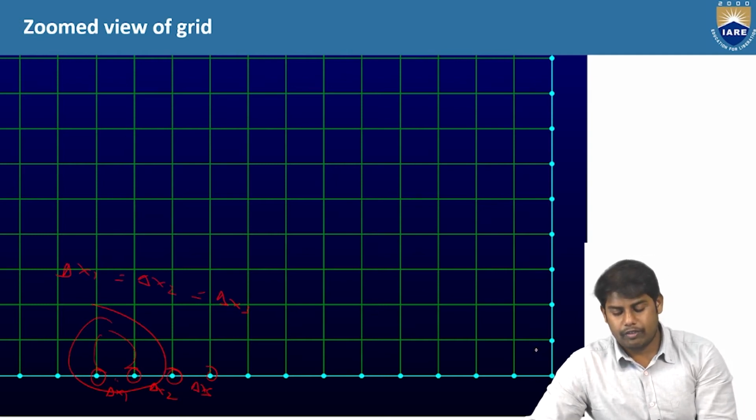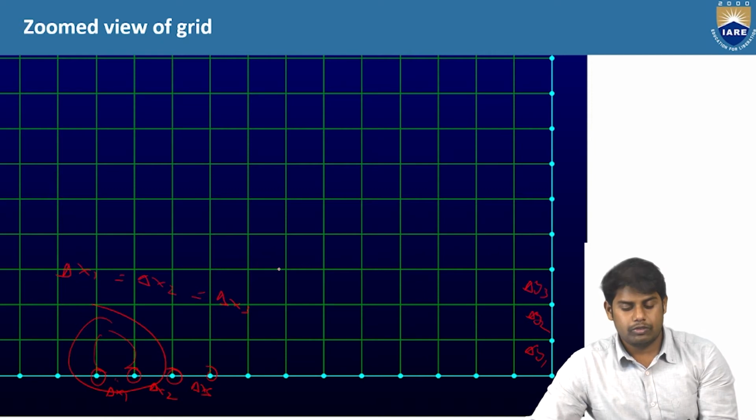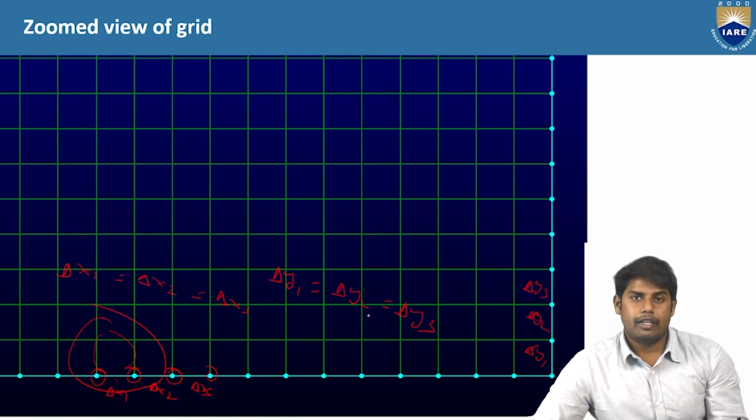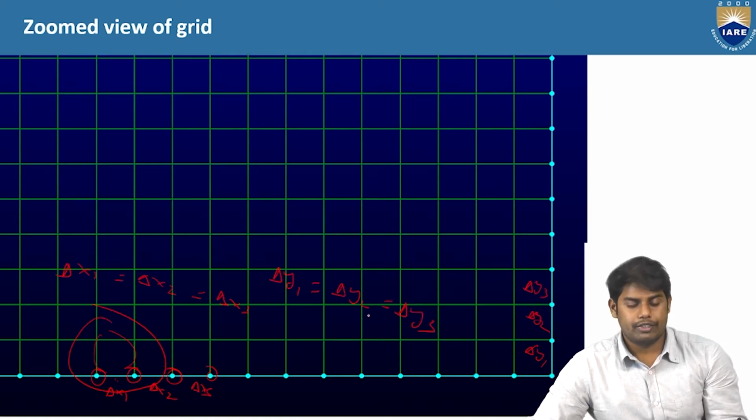Similarly, if you see this one, delta y1, delta y2 and delta y3, if delta y1 is equal to delta y2 is equal to delta y3, then it is called uniform mesh along y-axis.